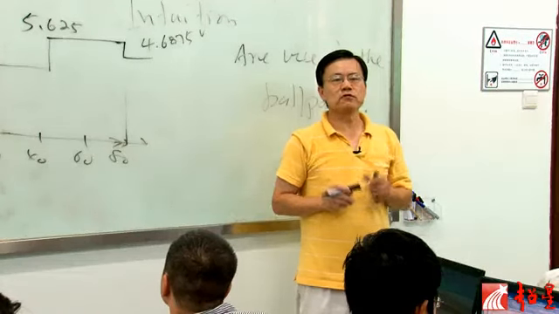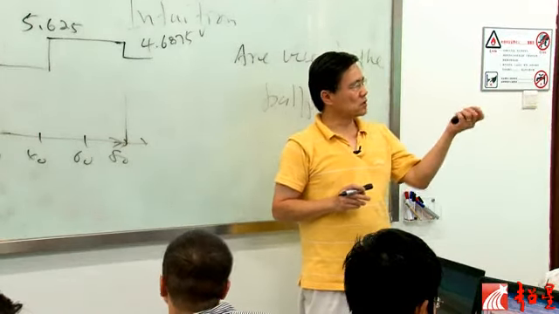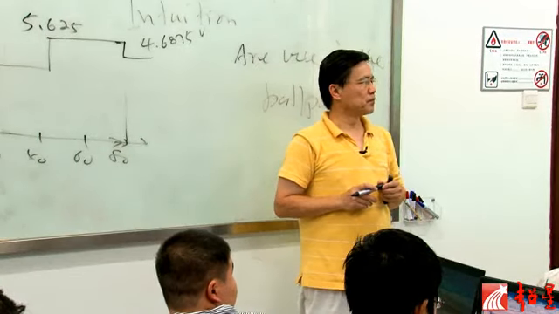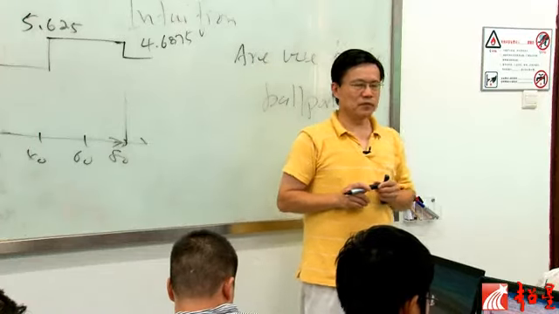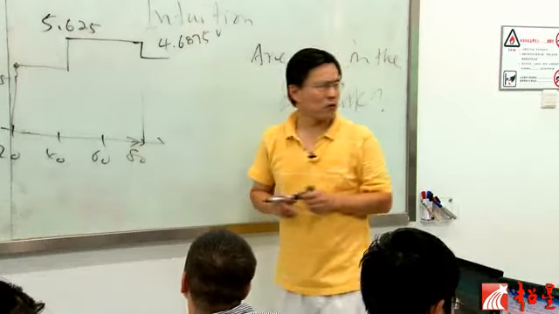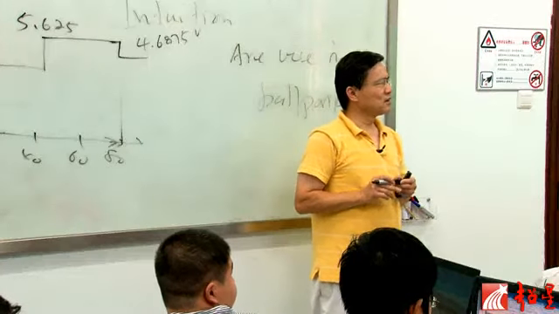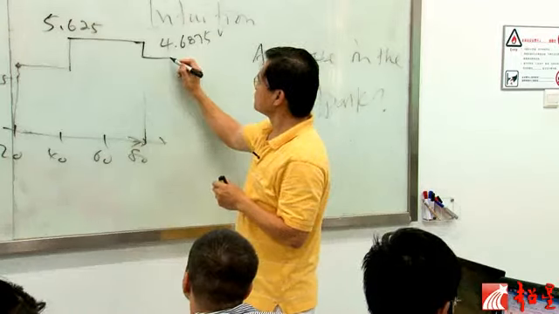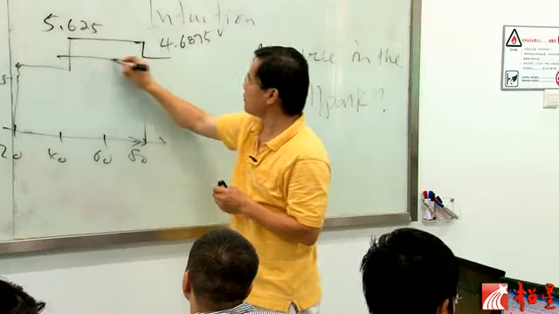What's the final value of this circuit? About 4.5, right? Is it about 4.5? Yes. Okay. So of course, 4.5 is somewhere on here.